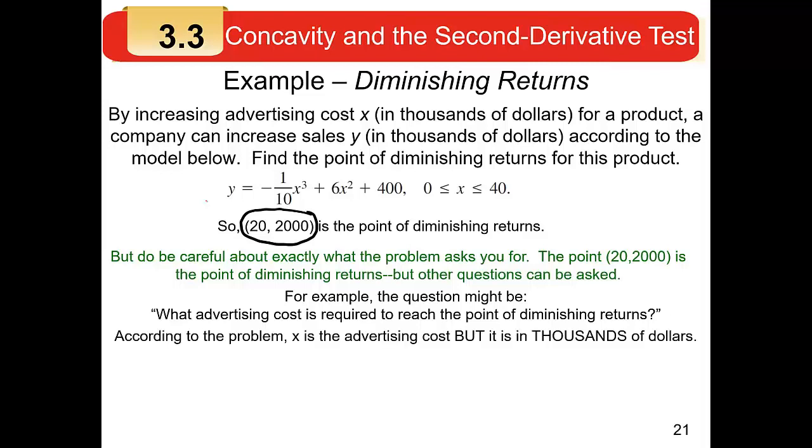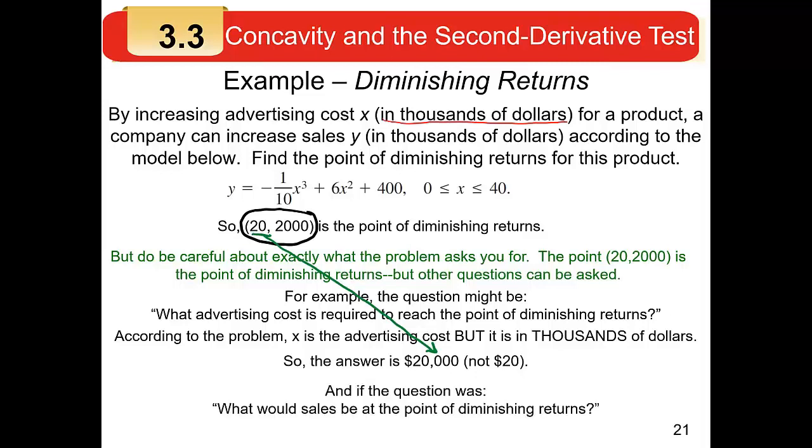Remember, the advertising cost is the x-coordinate, and we found that x was equal to 20. But according to the problem, x is measured in thousands of dollars. So the cost is not $20, it's $20,000. Be careful about not only exactly what they're asking for, but make sure you've got your units right.